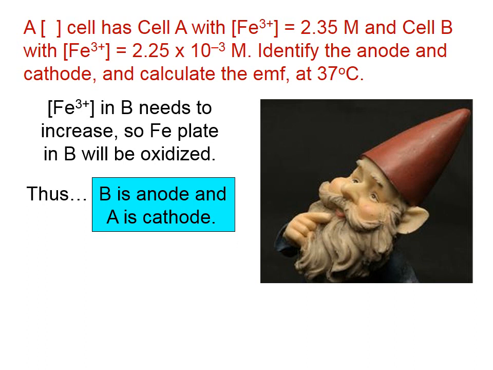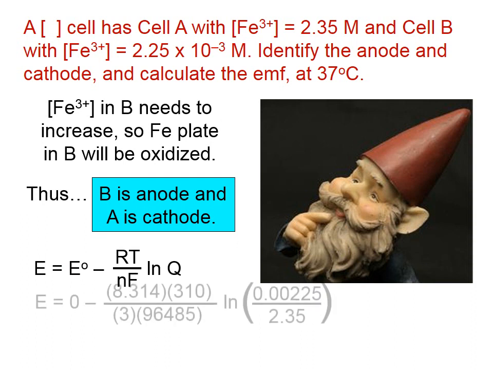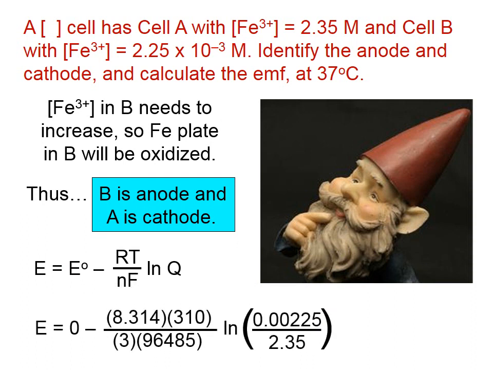Okay, so far so good. Now we need to calculate the EMF at 37 degrees Celsius. We don't need to look up anything from the reduction table for a concentration cell, because E0 is simply 0. So what we're going to have here is the value of R, which we know. The temperature in Kelvin is going to be 310. We don't want to put the Celsius temperature in there.